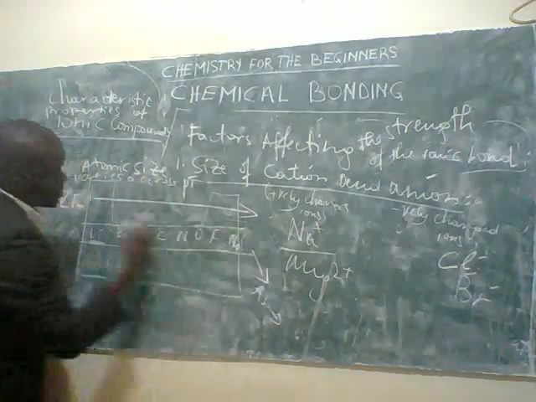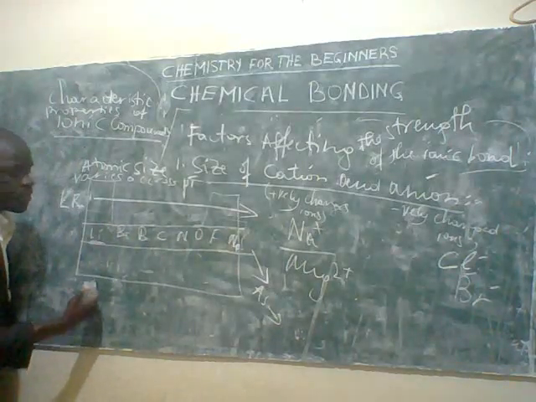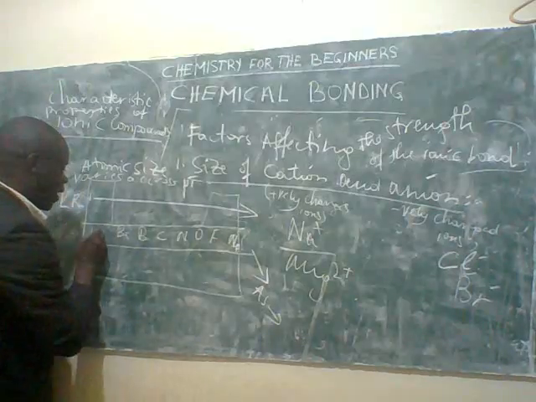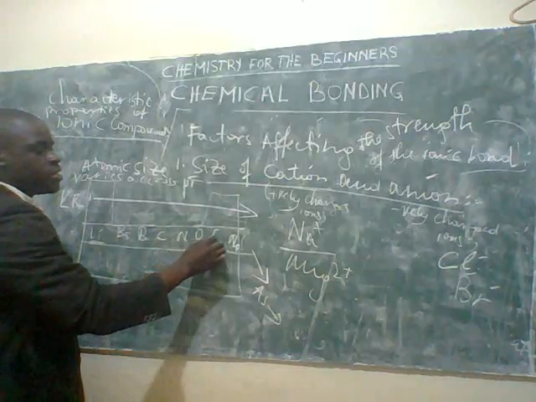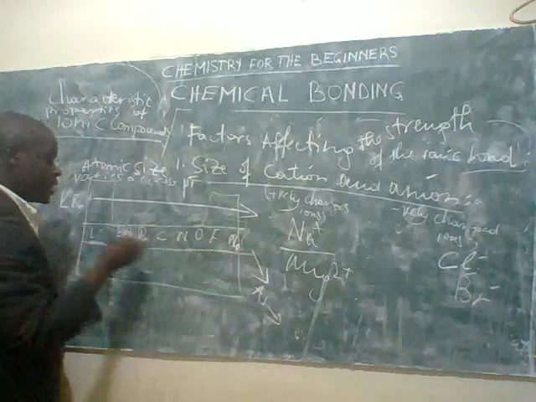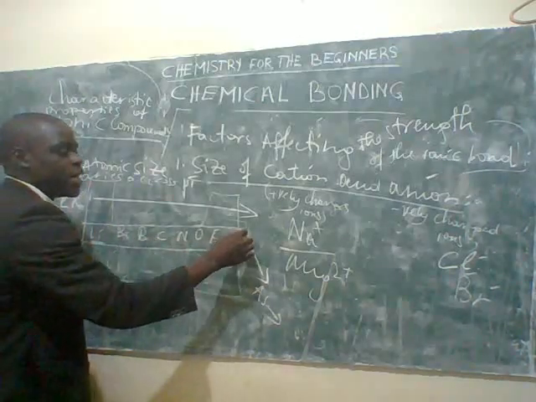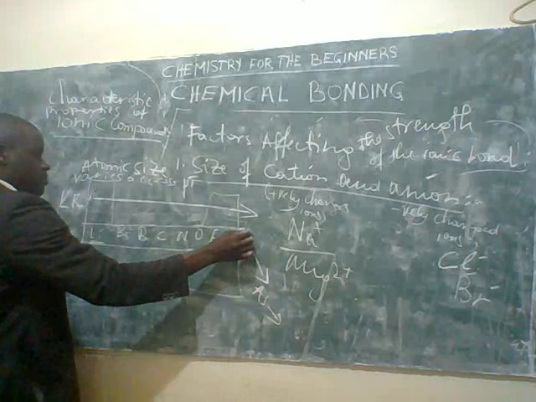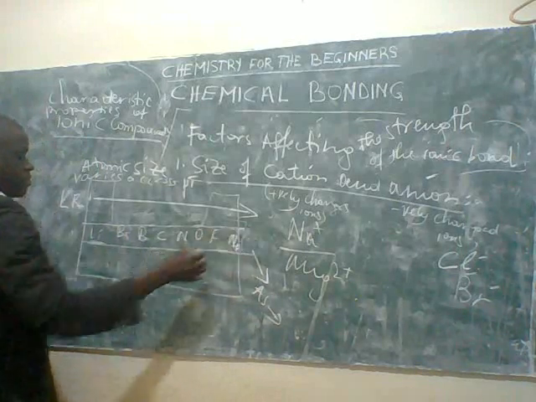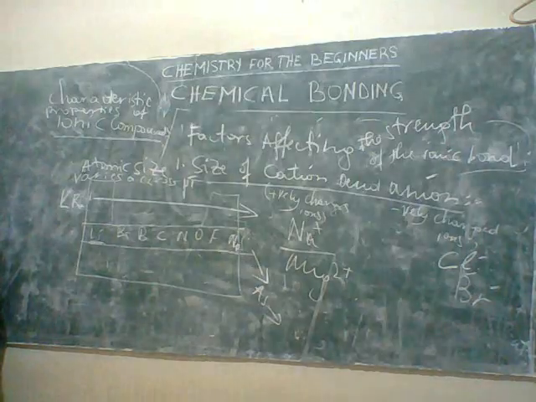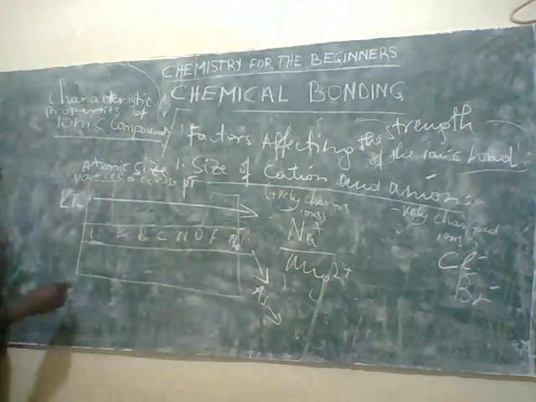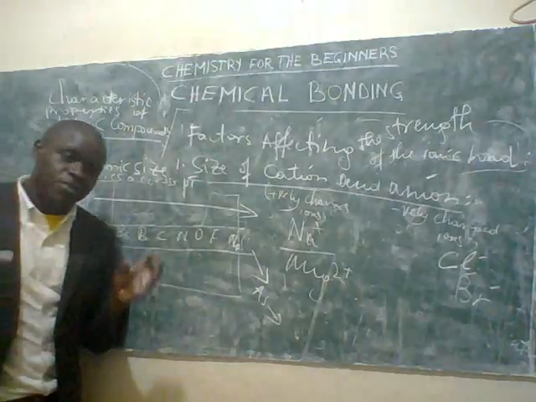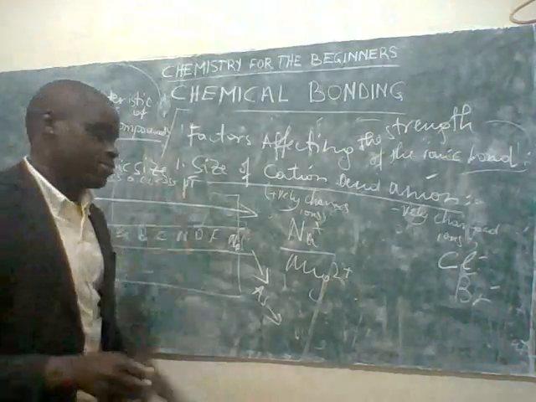These are called the periods. These are called the families. Like lithium, beryllium, boron, carbon, nitrogen, oxygen, fluorine, and neon, they are in the same period, which means they have the same number of shells.